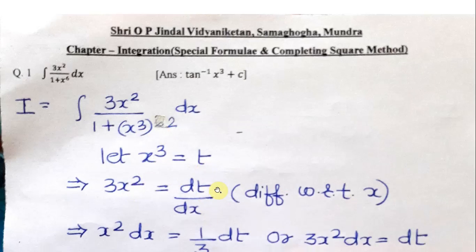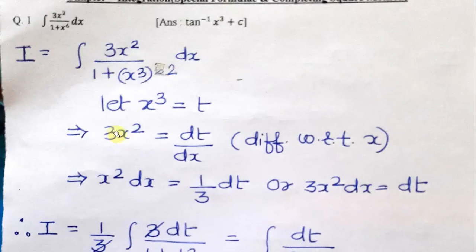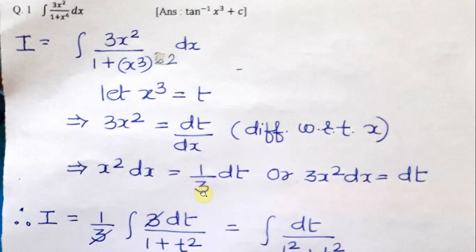Now if we move further, I transfer dx to the other side, and the equation becomes 3x square dx is equal to dt.